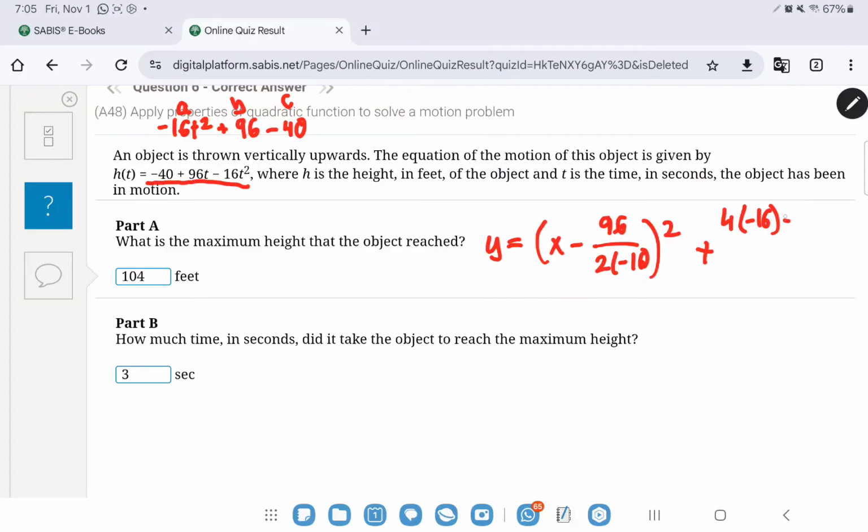C is negative 40. Minus 96 squared, over 4a, which is 4 times negative 16. So now you're gonna solve them on your scratch paper. I'm just gonna quickly do it on my calculator to not waste time.